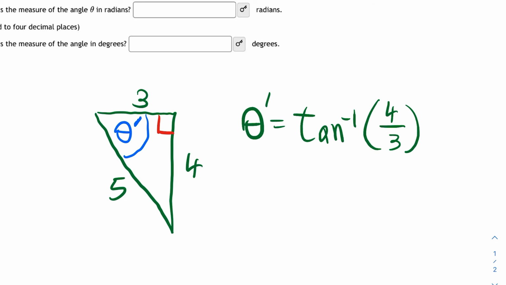When I do this on my calculator in radian mode, I get that theta prime, that reference angle, is equal to 0.9273.